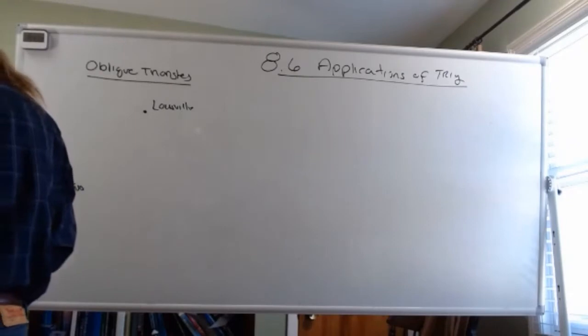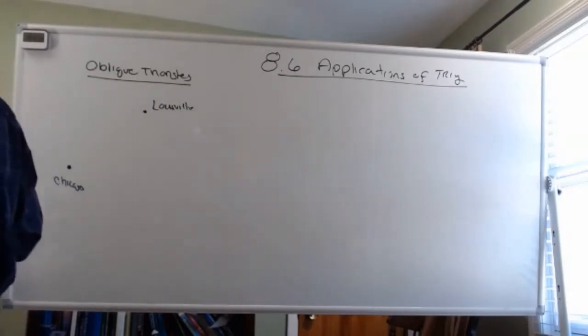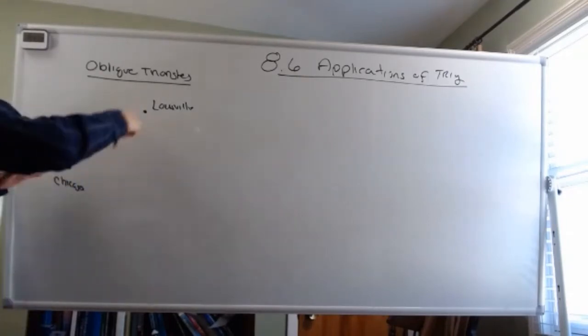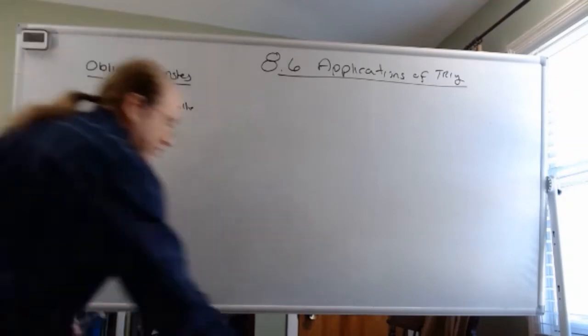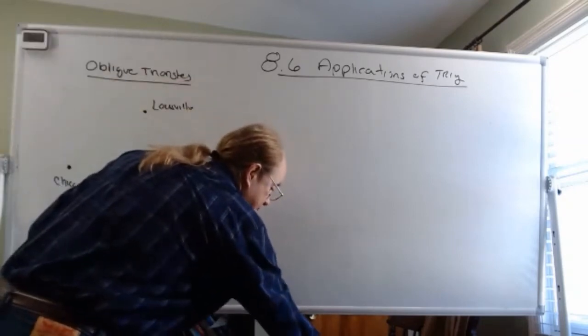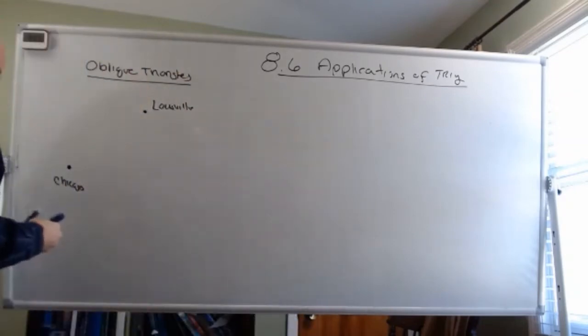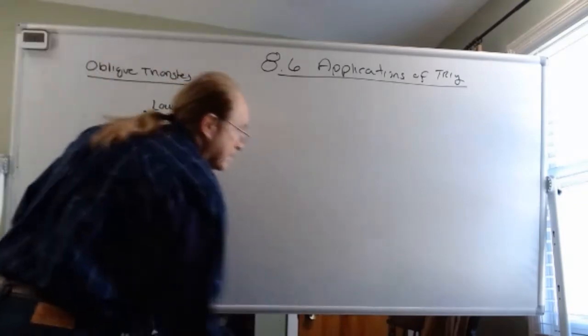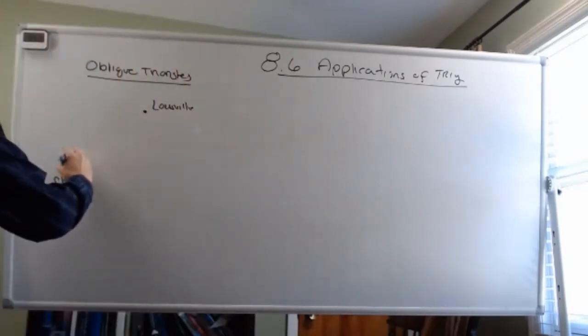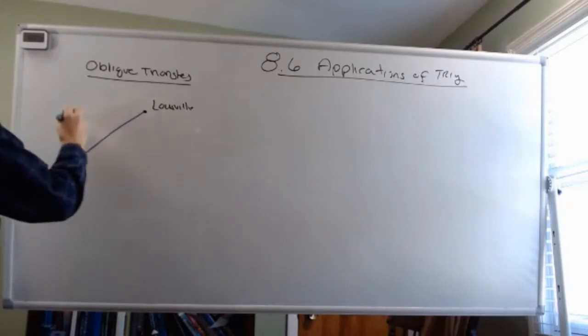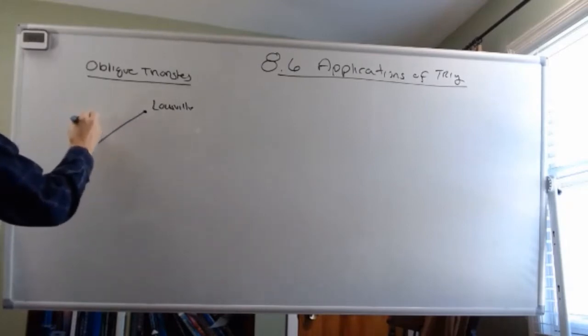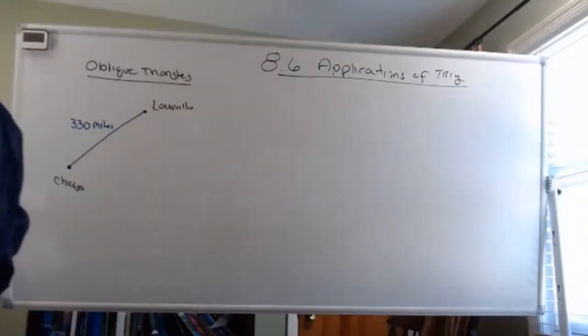And we know the following is true. We know that the total distance, this distance here, is 330 miles. So this is our distance. We know that's 330 miles directly from one city to the other city.